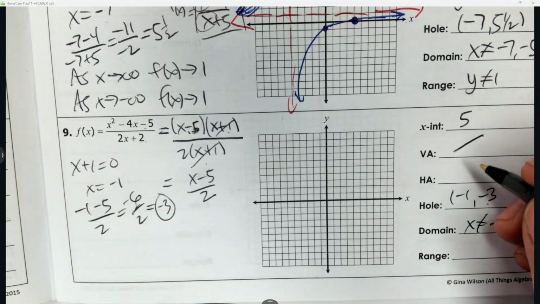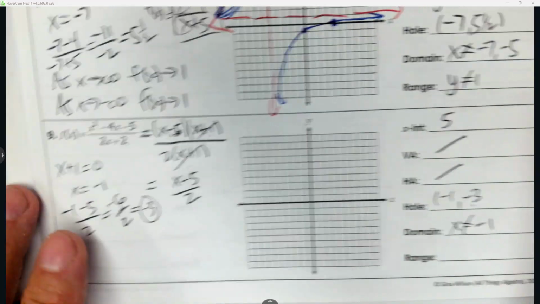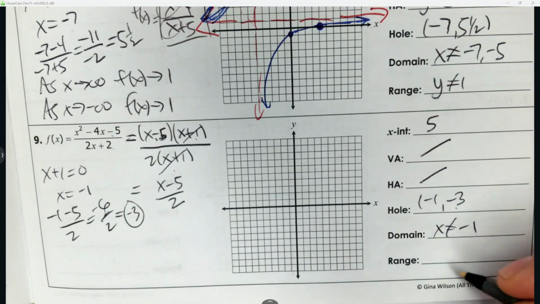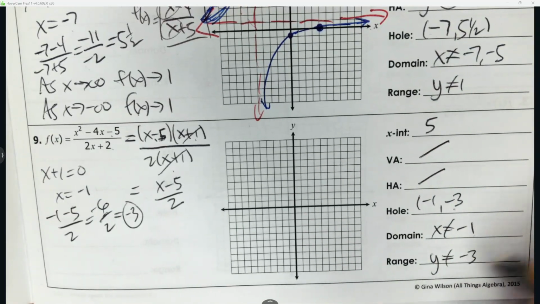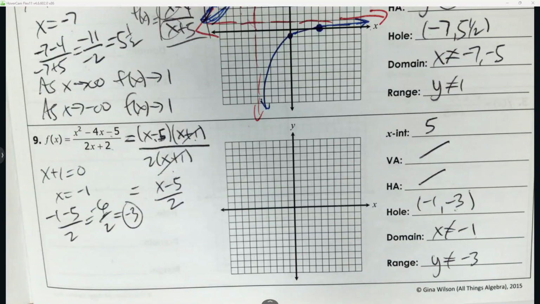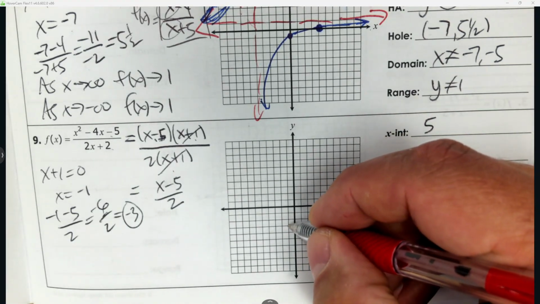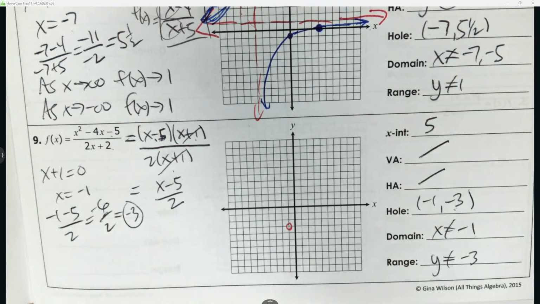We have no vertical asymptote and no horizontal asymptote. And the y value of the hole is the restriction for y. This is going to be a line with a hole in it. So we have -1, -3. And we have an x-intercept at 5.